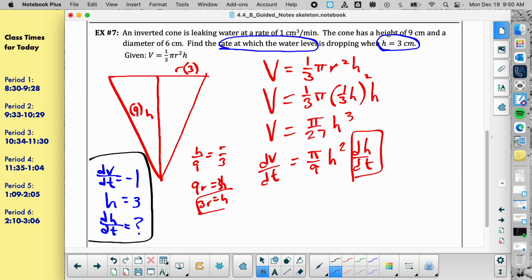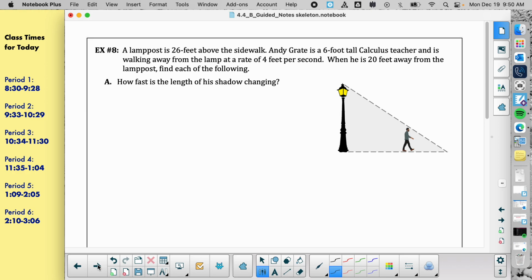Like this one, when the water's leaking out of the cone, this triangle is a similar triangle to the big shape. And that's the only reason that method works. And that's gonna be the exact same thing on the shadow problem on the next page. Both of them were set up pretty similar.